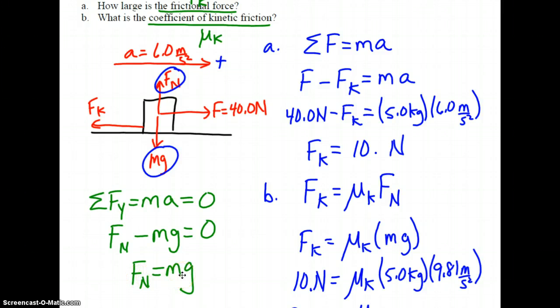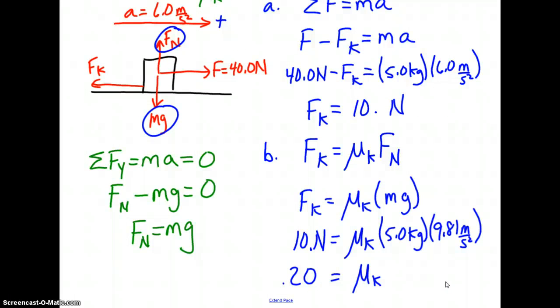You don't need to do this every single time, as long as you remember that on a flat horizontal surface with no other forces or components acting vertically, these two are equal to each other. So in the next step, we substitute Fk equals mu k times mg. We know our frictional force is 10 newtons from our answer to A. We know the mass is 5 kilograms, and the acceleration due to gravity is 9.81 meters per second squared. We do the math and the algebra, and we get mu k equal to 0.20.